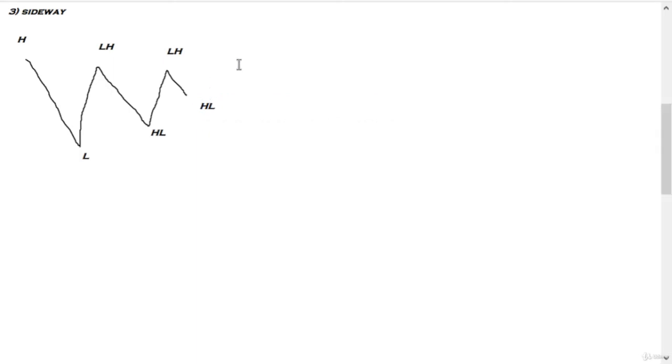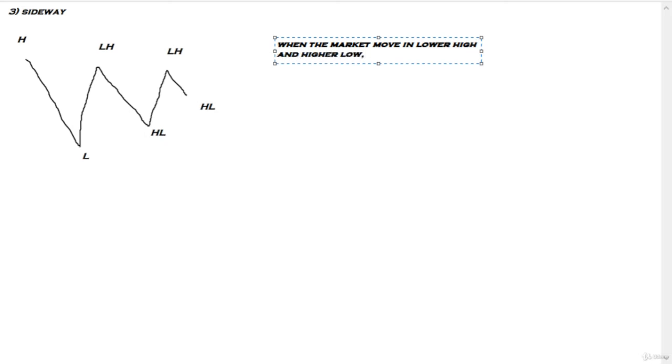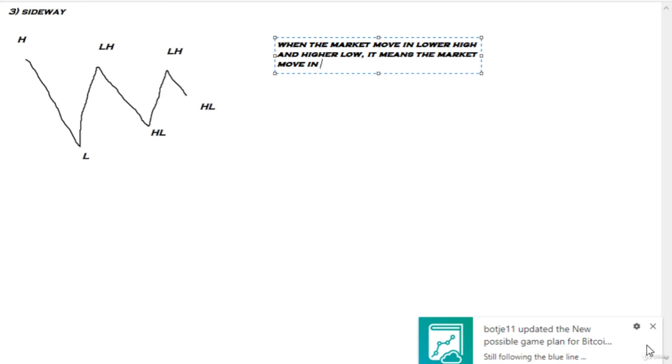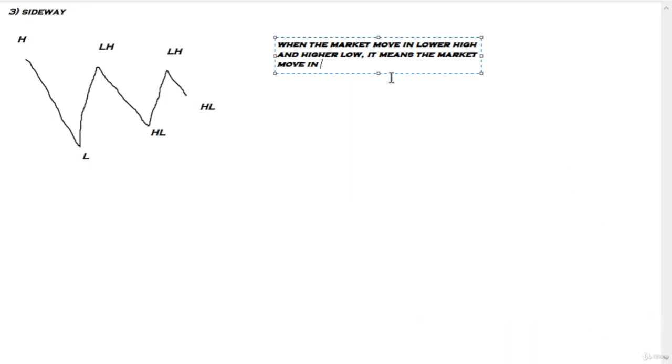In this market condition, you can see that the market is moving sideways. When the market moves in lower high and higher low, it means the market moves sideways.